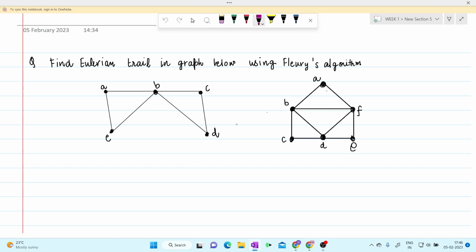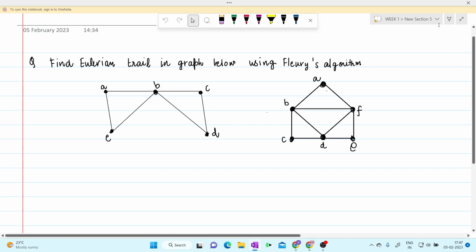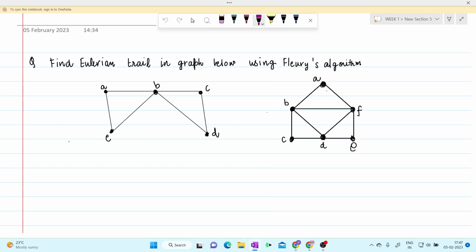So the next question is that we have to find an Eulerian trail in the graph below using Fleury's algorithm. So first of all, what is an Eulerian trail?